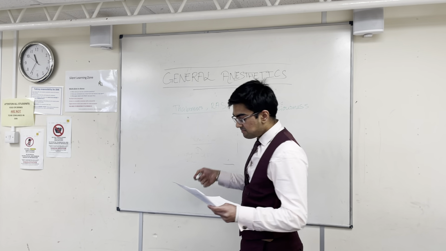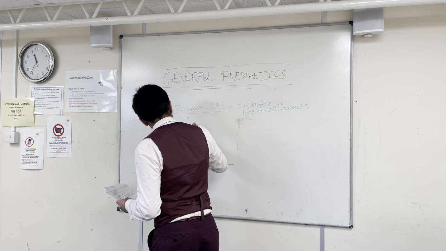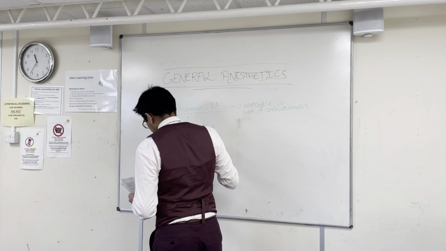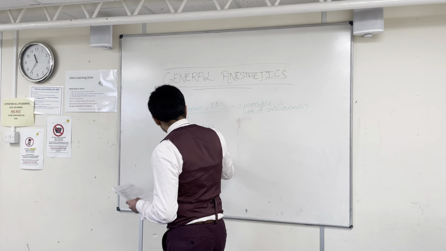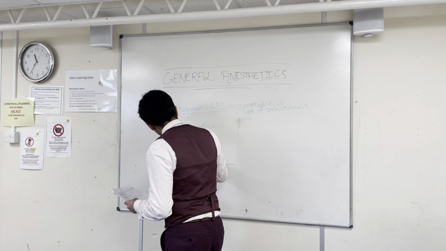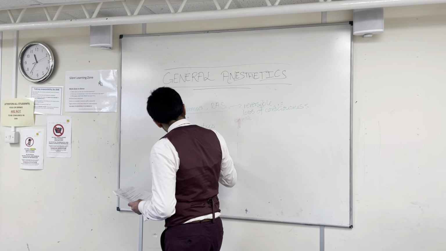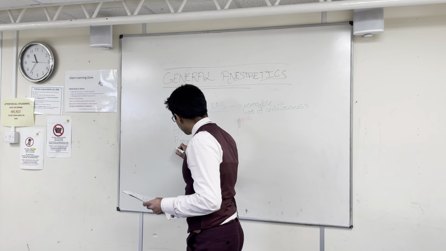The next thing, we've got effects on the hippocampus, and we've got effects on the amygdala. These are all in the brain. And you've got an effect on the prefrontal cortex.